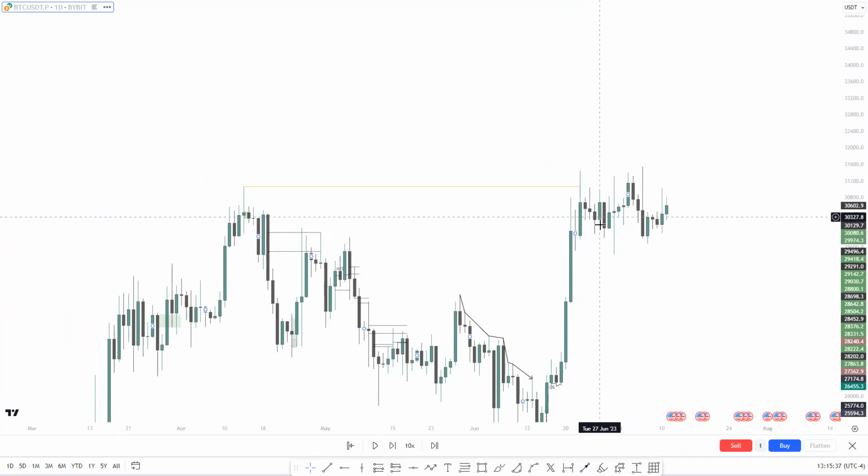So the best thing to do is to wait for price to get into internal range. And you can clearly see that when price went into the internal range, it got back up into the external range. So the best place to buy will be internal range liquidity in a bullish order flow, and the best place to sell will be internal range liquidity in a bearish order flow.